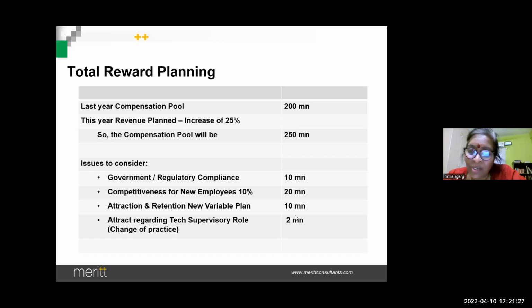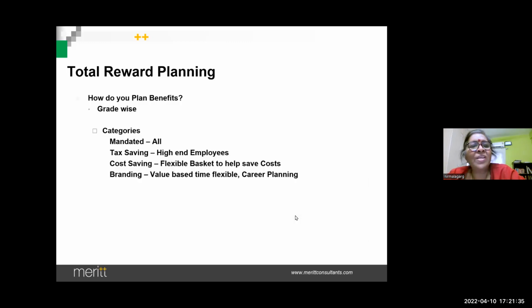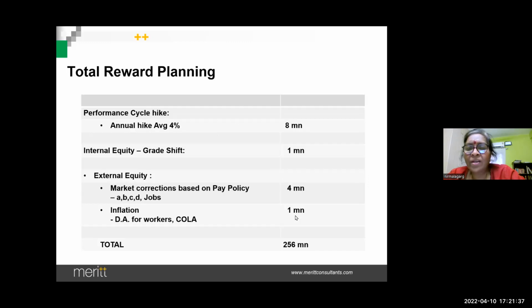Like a typical HR head, I will go back and see where I can reduce that 6 million. Say, for example, maybe I will reduce 7 million there. What is very important, I'll have to keep, so I'm trying to get 1 million less there.